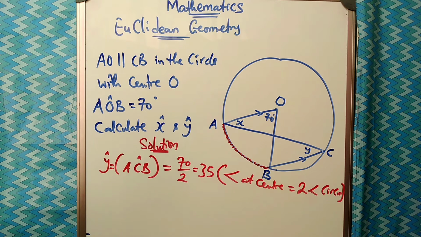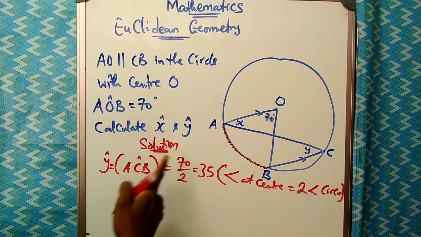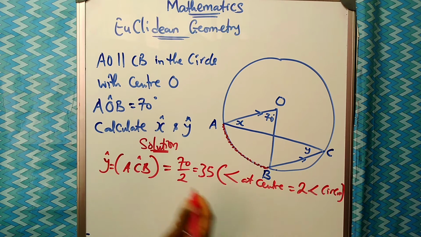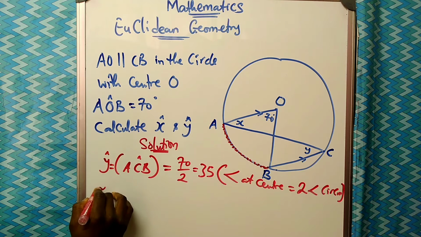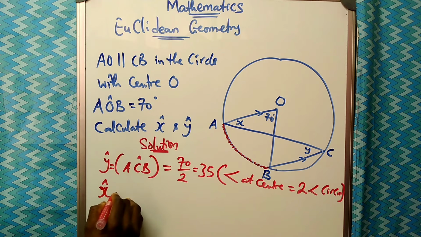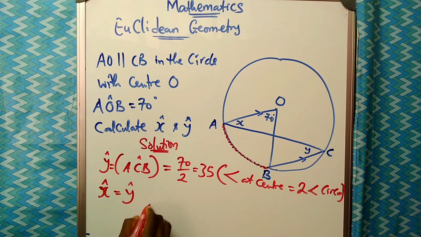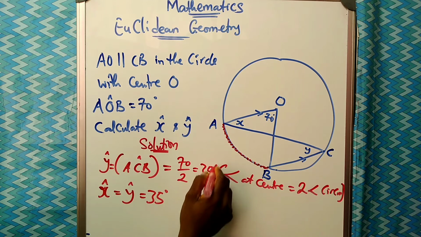Now the second question asks for angle x. We have already gotten angle y, so we can look for angle x. My angle x is the same as my angle y, and the reason is that alternate angles are equal.